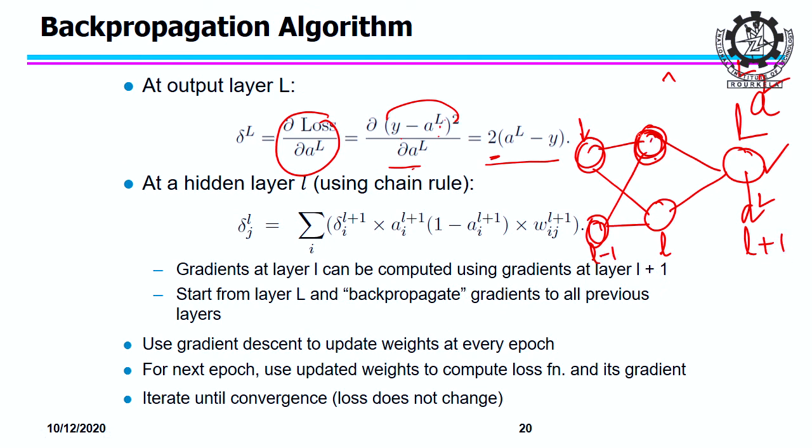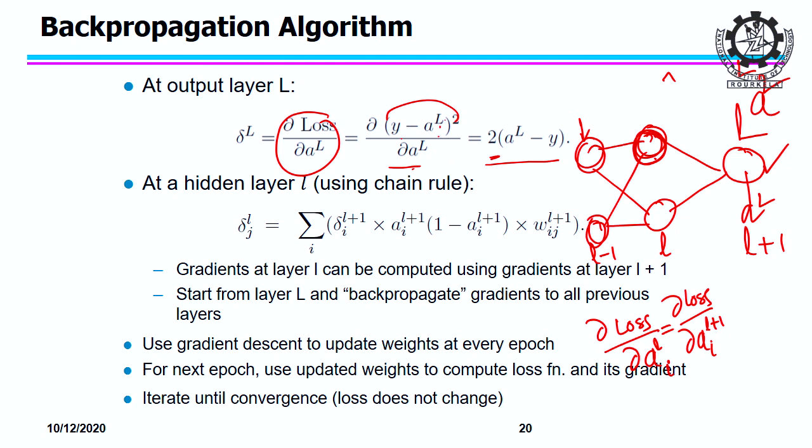So, I am computing with respect to this node. What we have to do is compute del loss with respect to node A I L, where L is nothing but the previous node of the last node. Here we will use the chain rule. Again we use del loss with respect to del A I L plus 1.